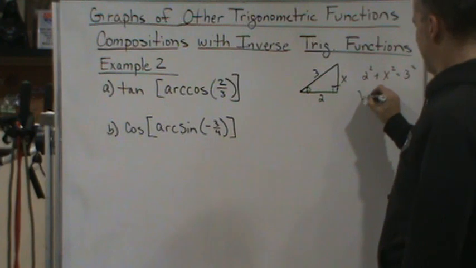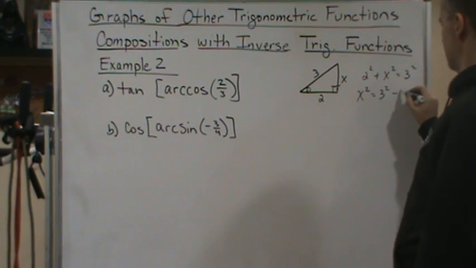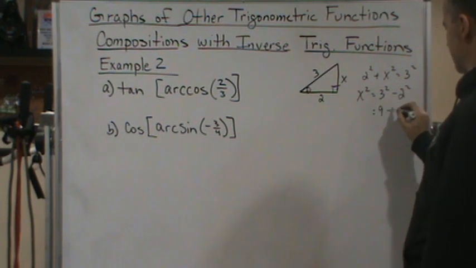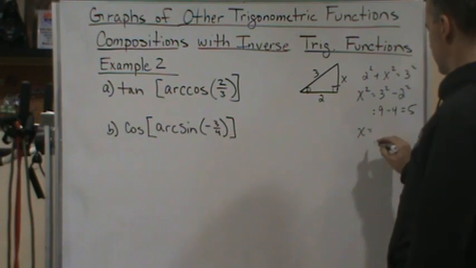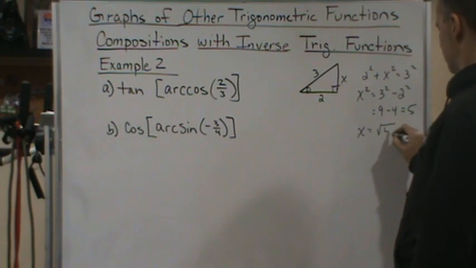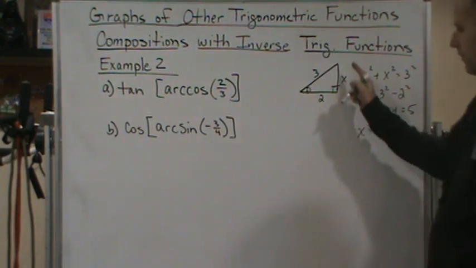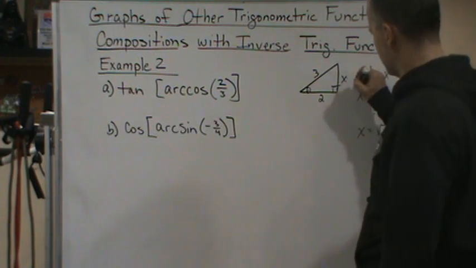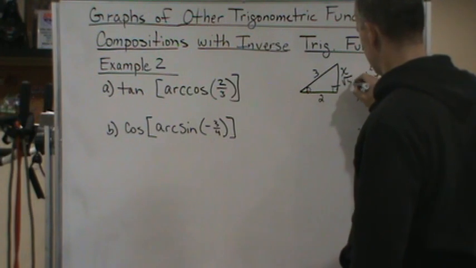And so x squared equals 3 squared minus 2 squared, which equals 9 minus 4, which equals 5. So x equals the square root of 5. And since we're in the first quadrant, x has to be positive. So this is going to be the square root of 5.